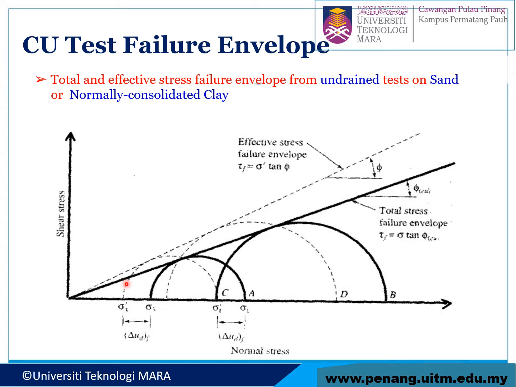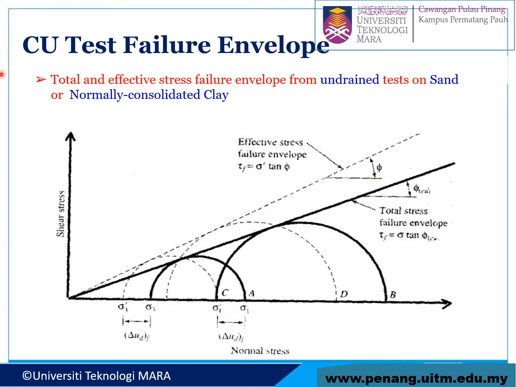For the total stress failure envelope, you will get the phi and C. And then this one is the effective stress failure envelope, so you will get sigma prime, the effective stress, and phi effective. So this one is the angle of friction prime.